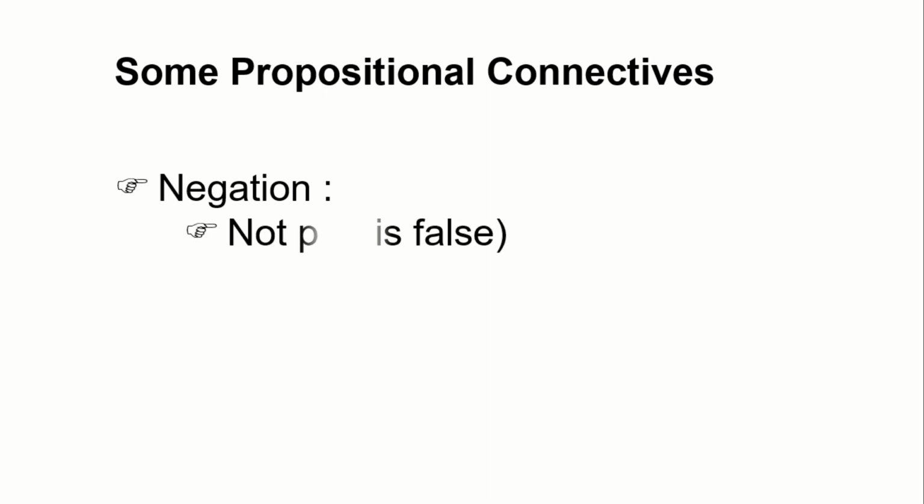When we say negation, it is the opposite. So, not P. If P is true, then not P is false. If P is false, then not P is true. So just take the opposite. We have this symbol, or you can use the minus sign.